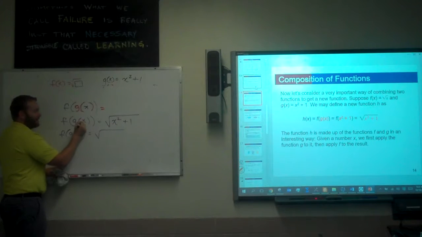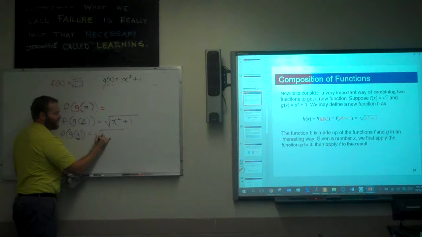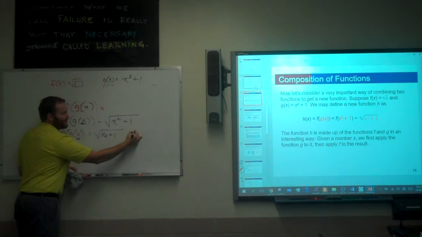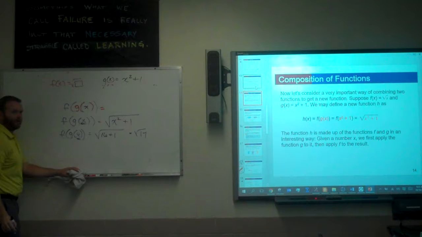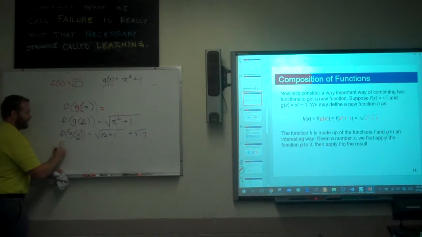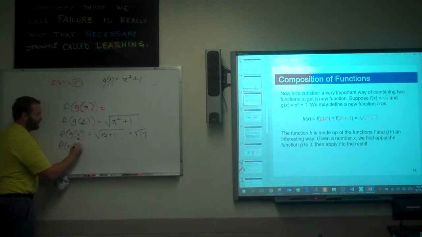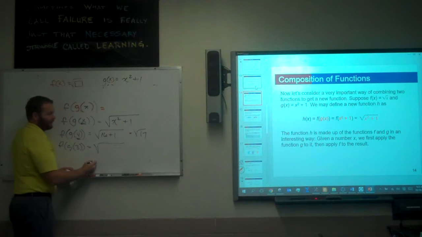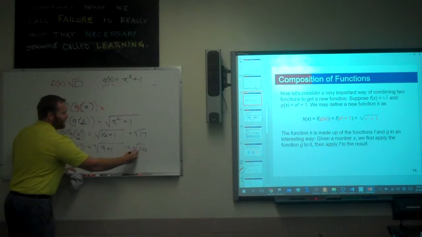So your x now became a 4 here. So what's x squared? It'd be 4 squared or 16, right? Does that give me that radical 17 we found earlier? Okay. If I do f of g of 3, well, 3 squared would be 9 plus 1 gives me that radical 10 again.